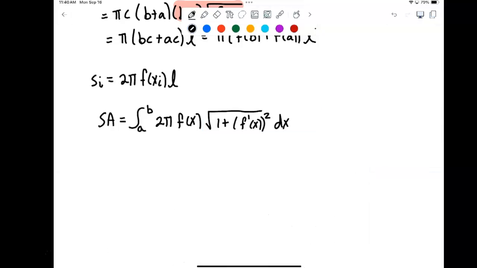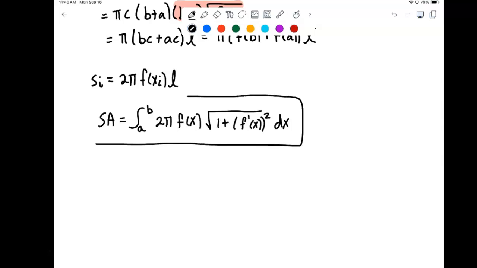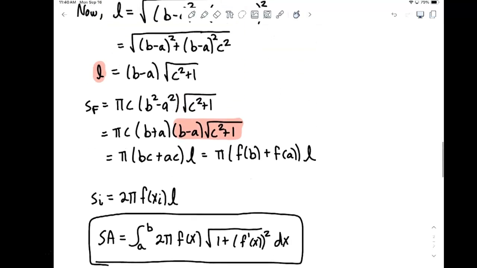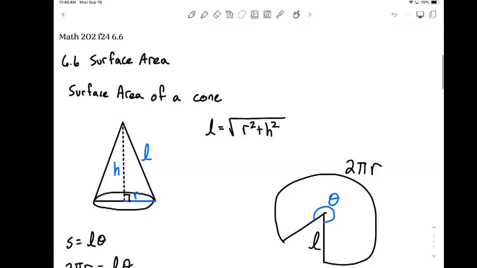And so now we have the surface area. Right? We now have the surface area formula. So this was a long process, so definitely not something I'd expect you to repeat, but I hope you were able to follow it and understand it.